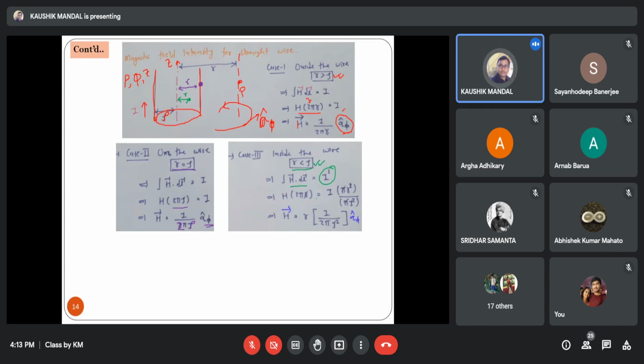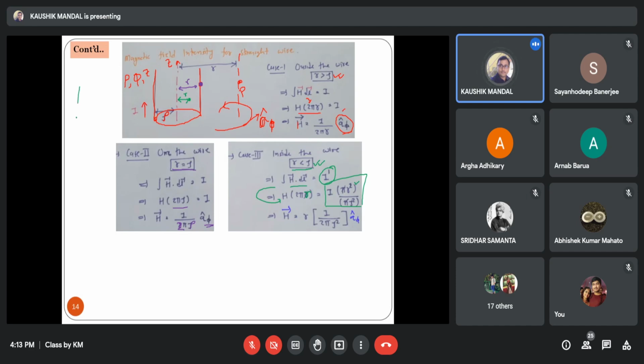And the question is how we can find out this I dash. Next, come to this second line. H, now integration of dl is nothing but 2 pi r, because the radius of the corresponding test point is r. Now this I dash and I are related by this particular relation. We can write I dash equal to I into the ratio of two surface areas.